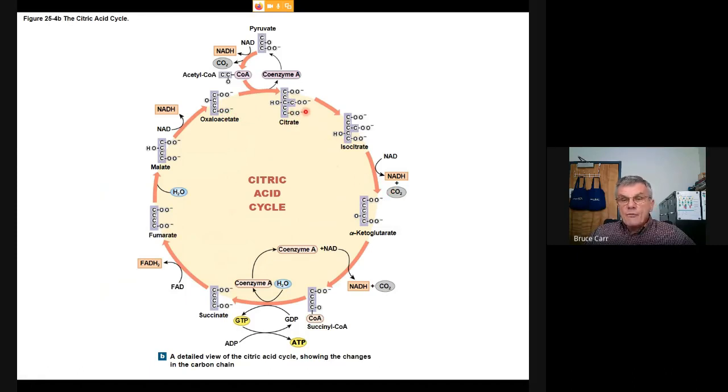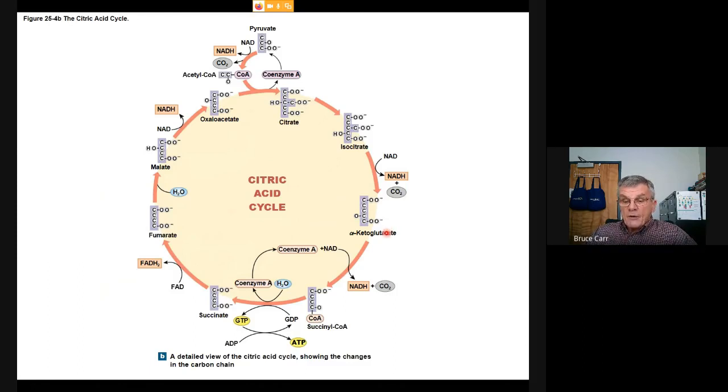And by the way, every arrow, 1, 2, 3, 4, 5, 6, 7, 8 steps, has its own set of enzymes that are necessary and cofactors that are necessary to keep this cycle running. So here, citrate to isocitrate is just a rearrangement, and we make an NADH and kick off a CO2 as we make the 5-carbon form called alpha-ketoglutarate.